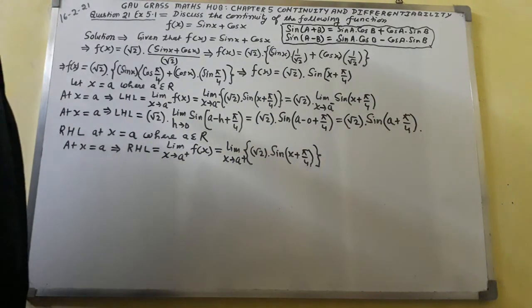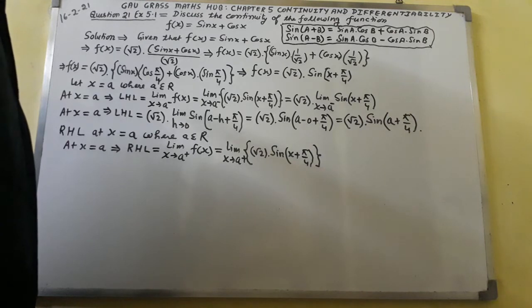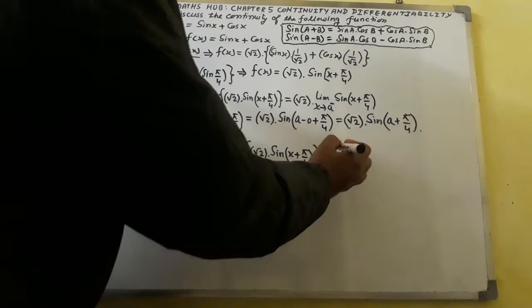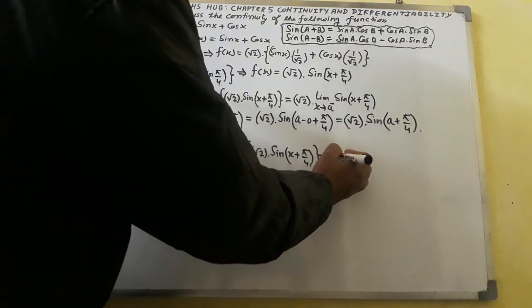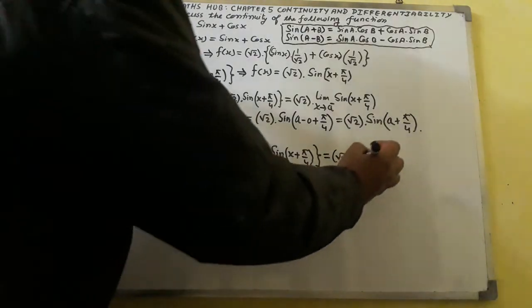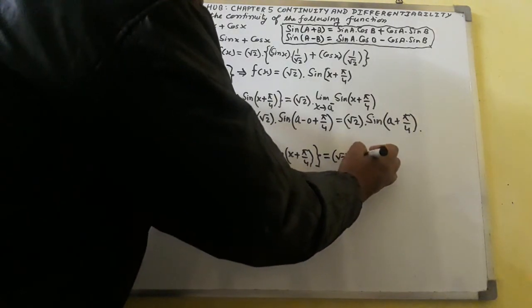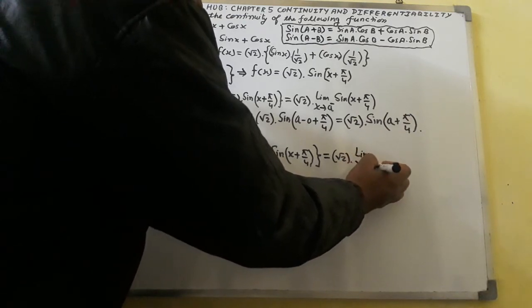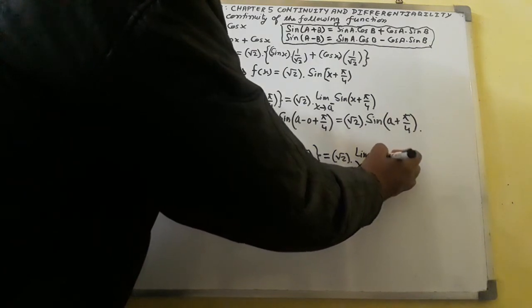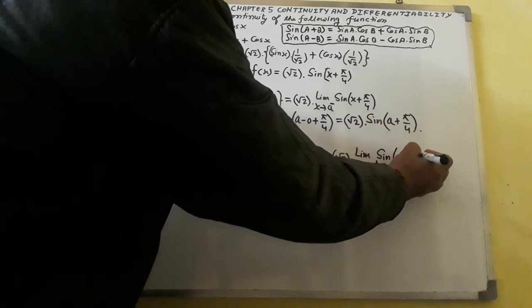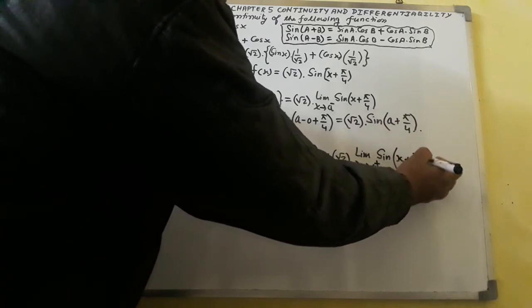Now what will do next? Next, here I shall write equal to, put here under root 2 outside dot, here I shall write lim x tends a of positive sin in bracket x plus pi by 4 bracket close.